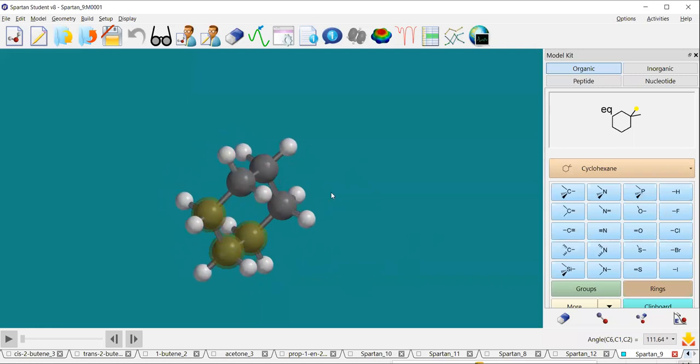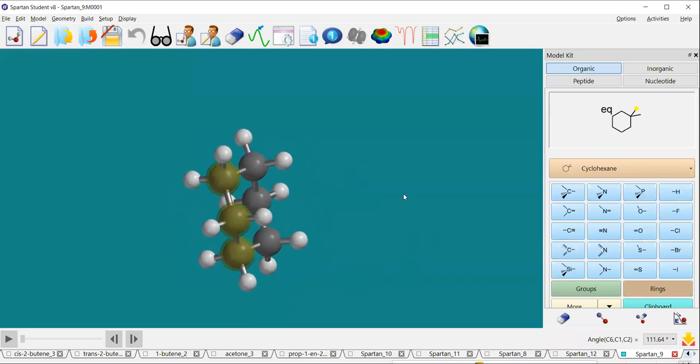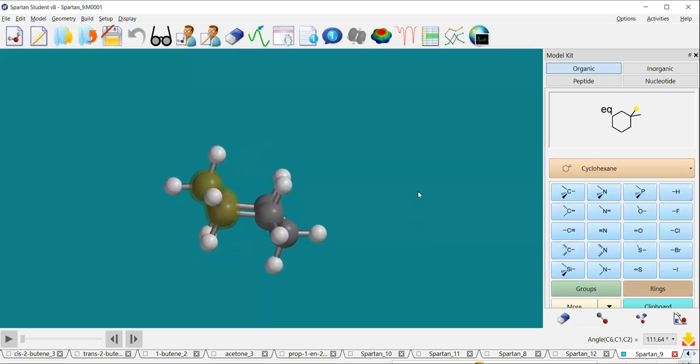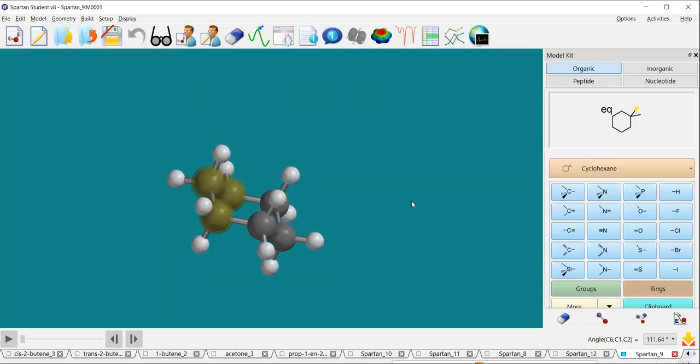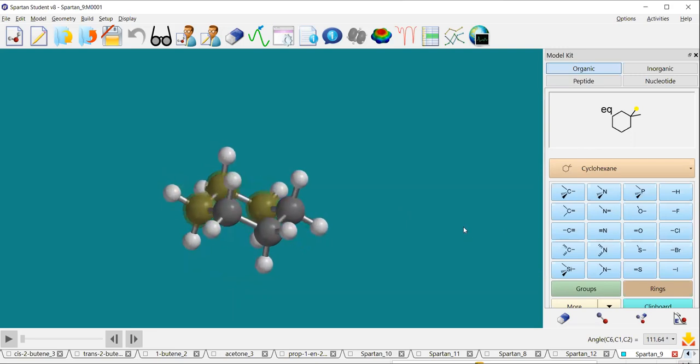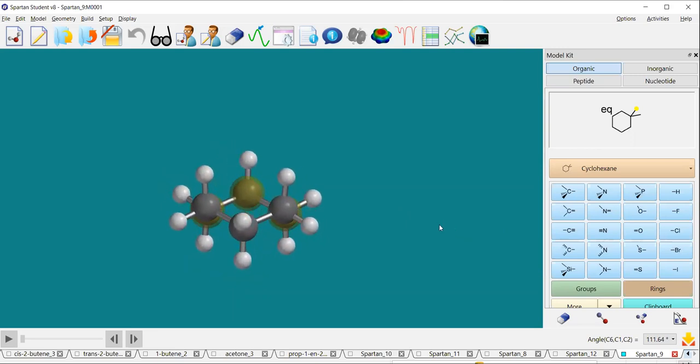My next goal is to rotate the molecule so that we can view it end on, like in the Newman projection, and determine whether some hydrogens are staggered or eclipsed. Okay, let me do that. This is my chair, and now I rotate it like that.